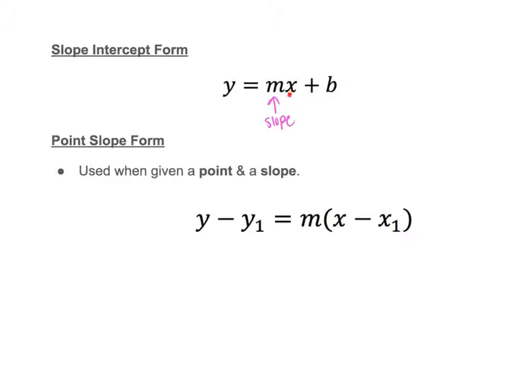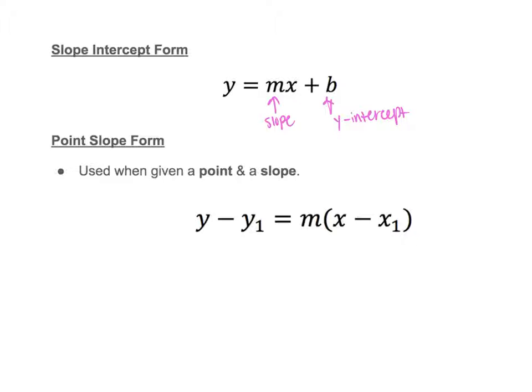Notice how x is to the first power, so that's how I know this is linear. And then you have something called a y-intercept, but this b here is not your complete y-intercept. It's just the y value for that y-intercept, because it's not a point specifically, it's just the y part of the y-intercept.